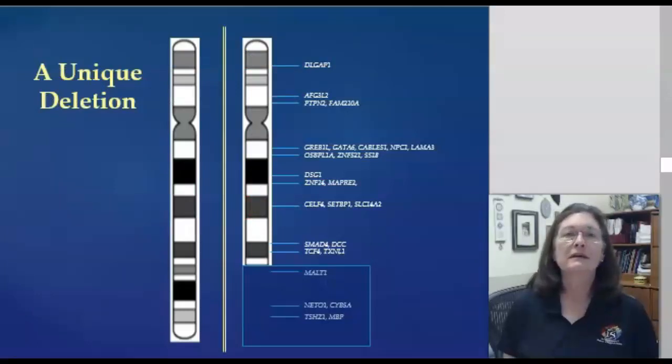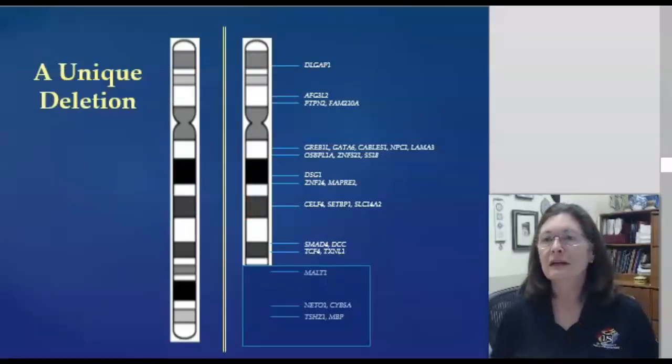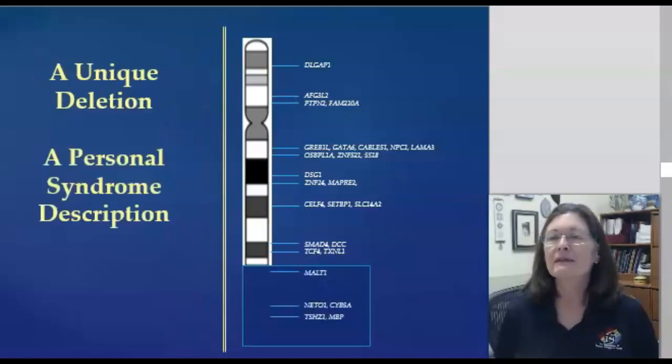So imagine here is a unique deletion. The box shows the region of this person's deletion. This could be anywhere. Pick a spot on chromosome 18. It doesn't matter. But in this case, it's a terminal deletion of 18q that this person has.